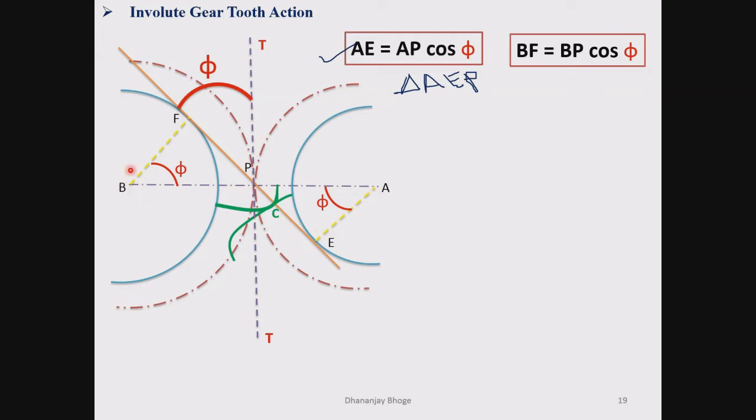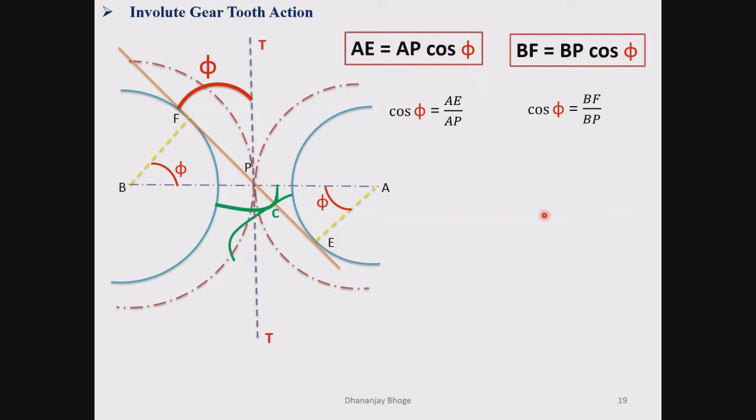Similarly, from right angle triangle BFP, we get BF equals to BP cos of phi. We know this, okay? Base circle radius is always cos of phi times the pitch circle radius. We have proved this. The next, cos of phi equals to, from above equation, AE upon AP, and from this equation, cos of phi is BF upon BP.